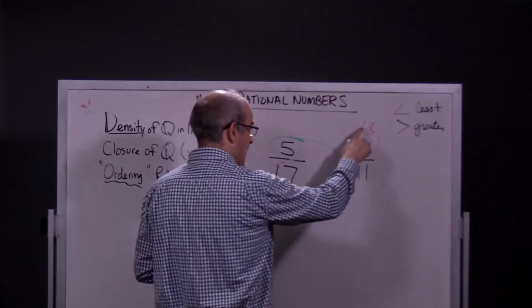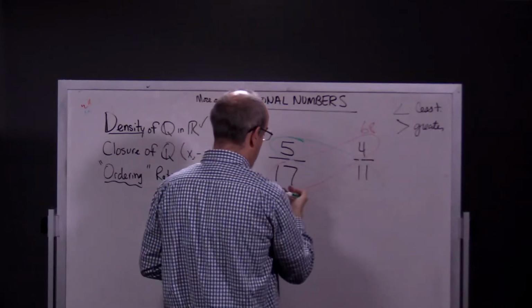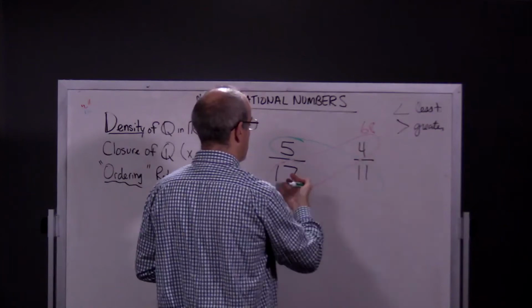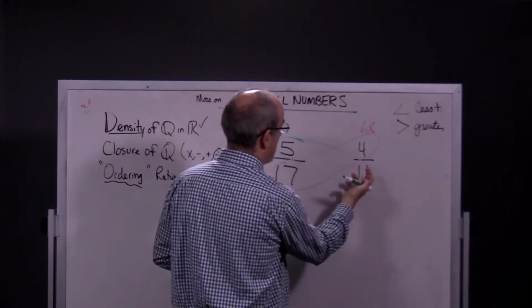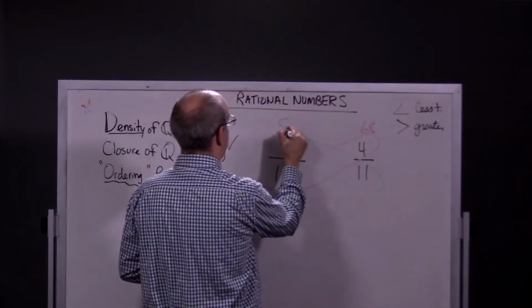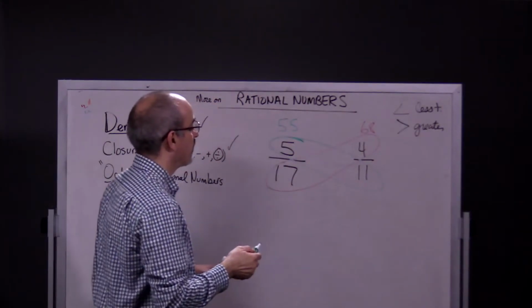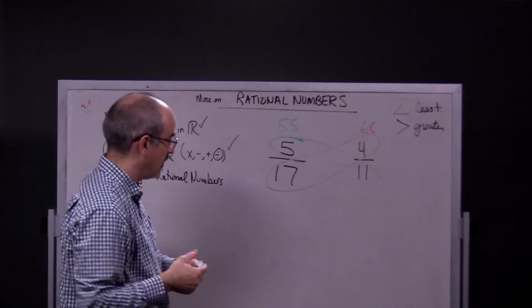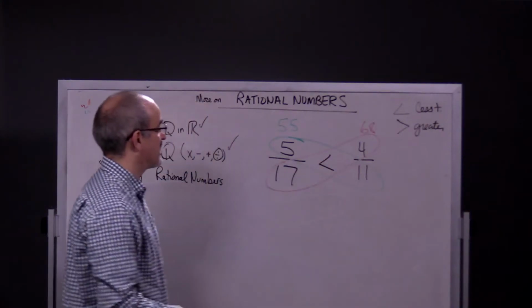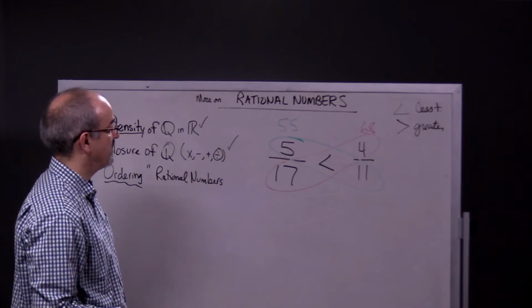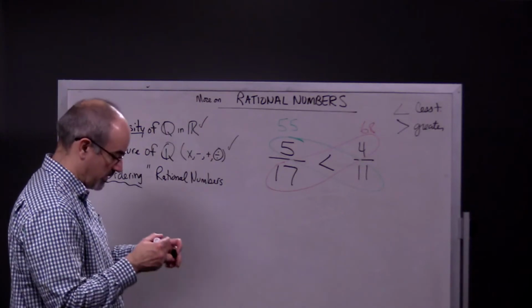Notice, I wrote the 68 above the 4 because the 4 is the multiplicand. The 5 isn't. So 5 times 11 is 55. Once again, we have our number being less than. 5 over 17 is less than 4 over 11. Okay.